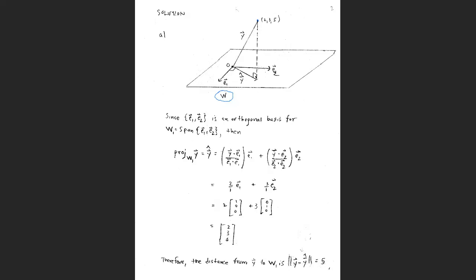And to find the distance between this plane W and the point 235, the distance is going to be the length of this vector that's perpendicular to the plane, that goes from the plane to the point 235.